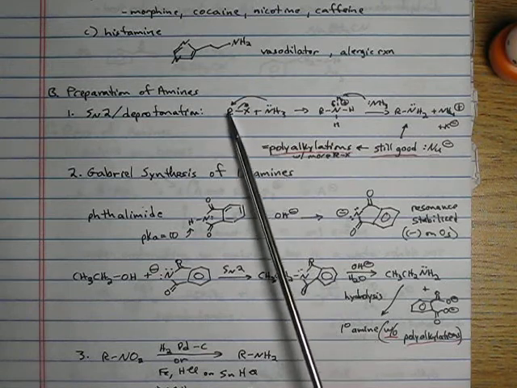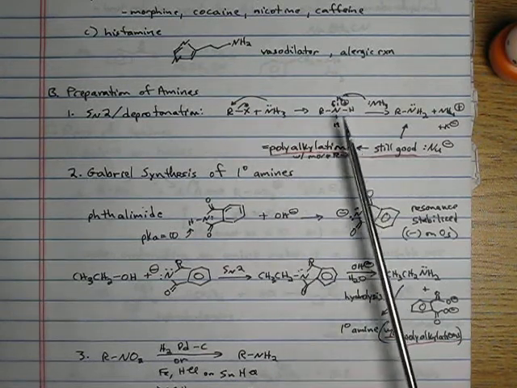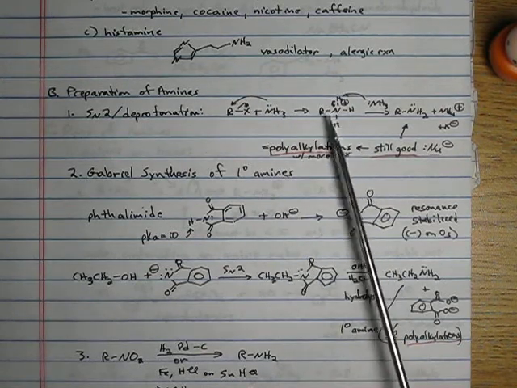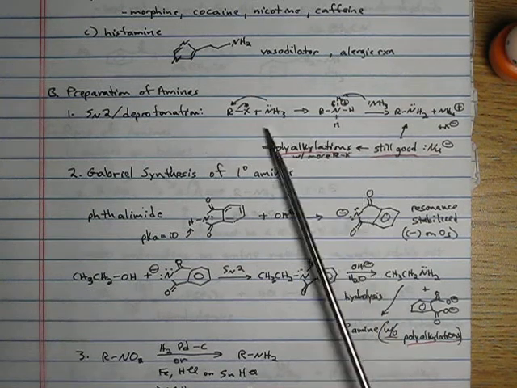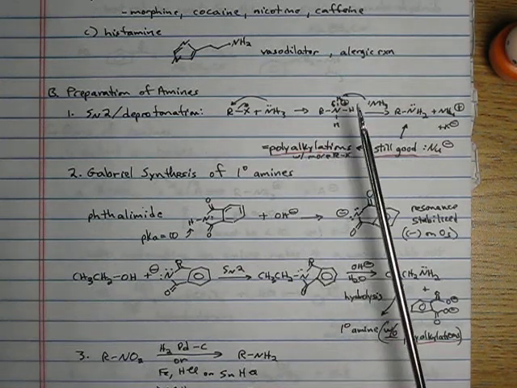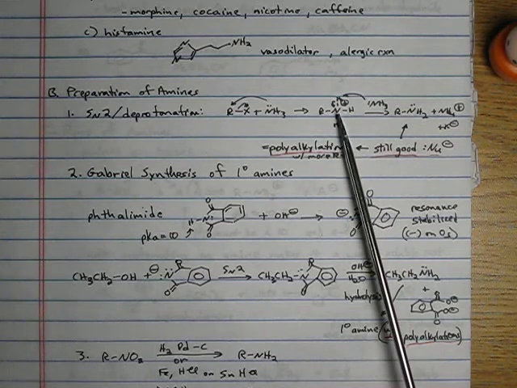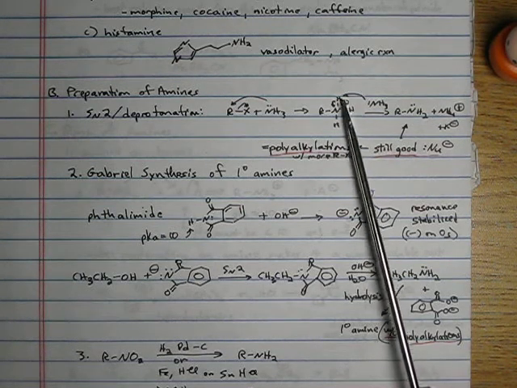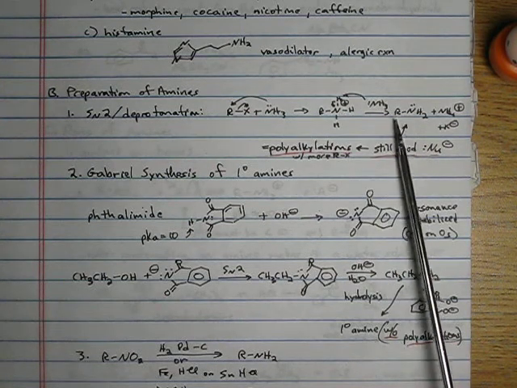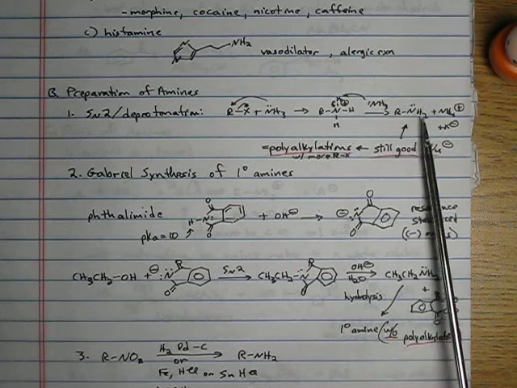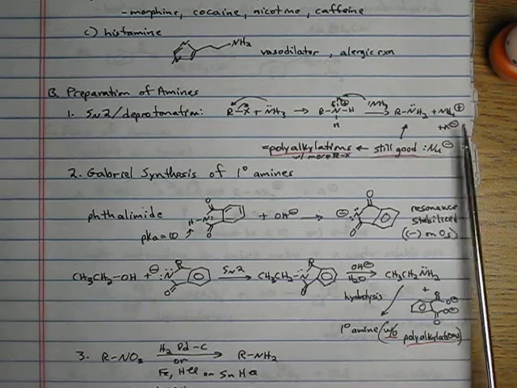It will attack the carbon, do an SN2 reaction, and put that nitrogen on the R group. And then recall at the end of a substitution reaction, if your product has a positively charged nitrogen or oxygen with hydrogens on it, you get a deprotonation reaction. Another amine will come in, take that hydrogen, and you just get RNH2 plus NH4+ plus your alkyl halide.